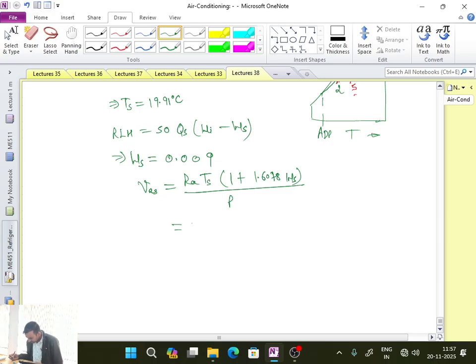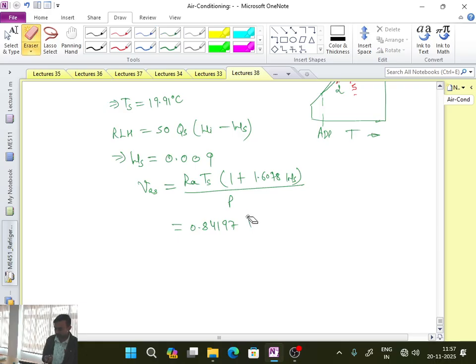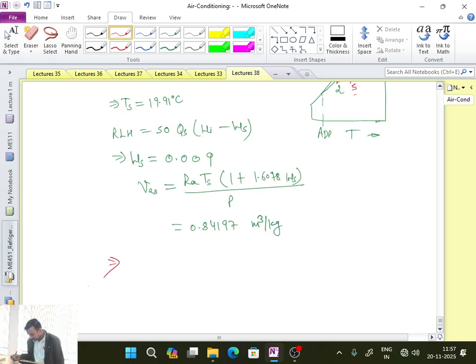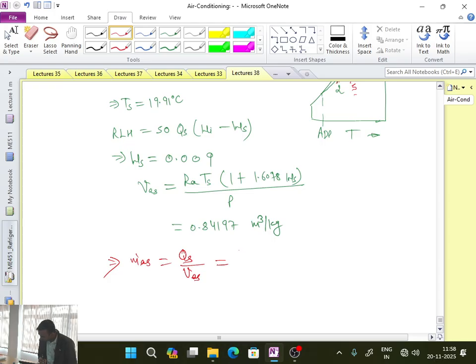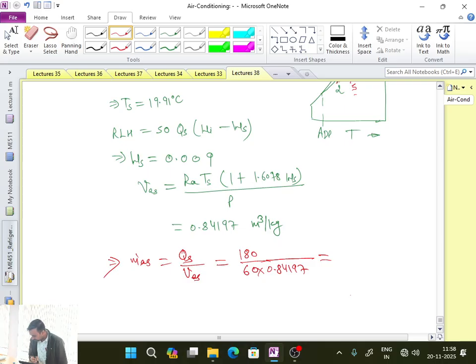If this is VAS, then what is the mass flow rate? 3.563 kg of dry air per second. Okay.